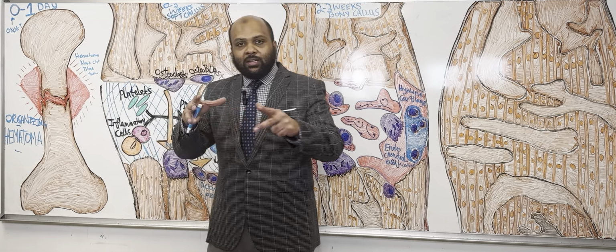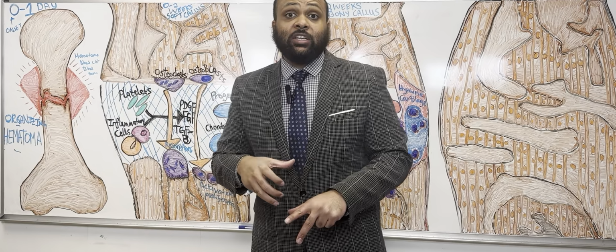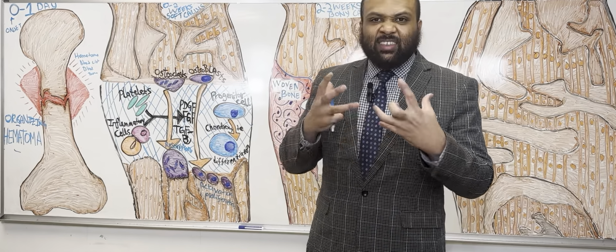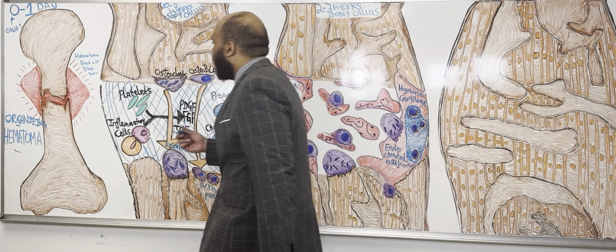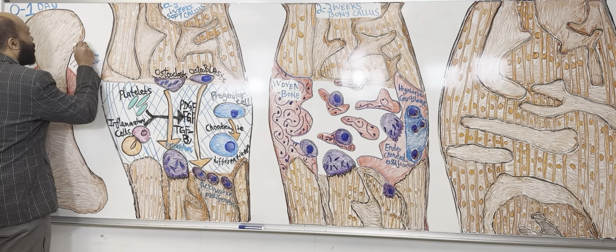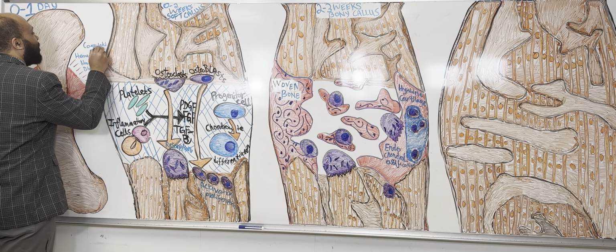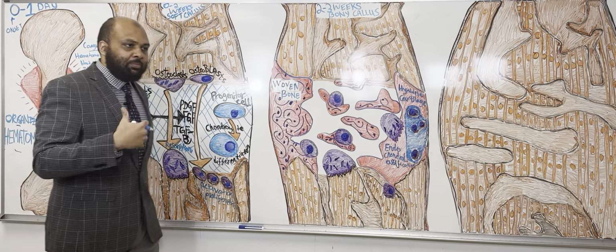And this blood right around where the fracture happens is like jelly, a really thick coagulated blood.